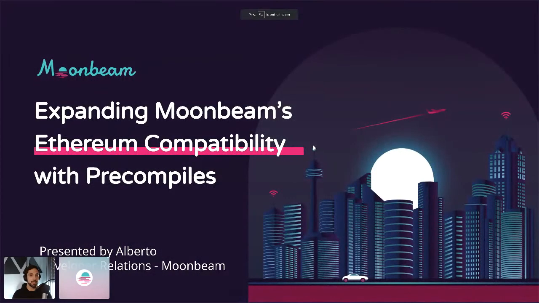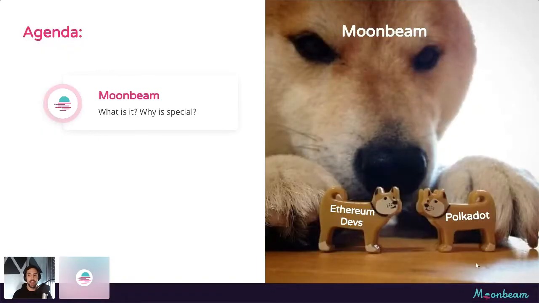As you can see, today's presentation is called Expanding Moonbeam's Ethereum Compatibility with Precompiles. Like I said before, my name is Alberto, and I work in developer relations on Moonbeam. The agenda is going to be pretty straightforward. I'm going to start with a little introduction to Moonbeam. What is it and why is it special? This is a slide that I've used in other presentations before.